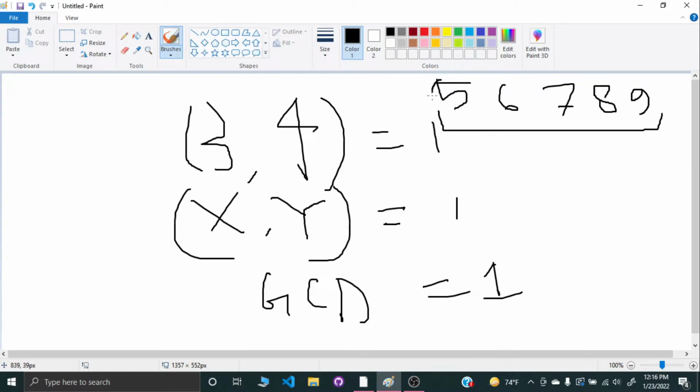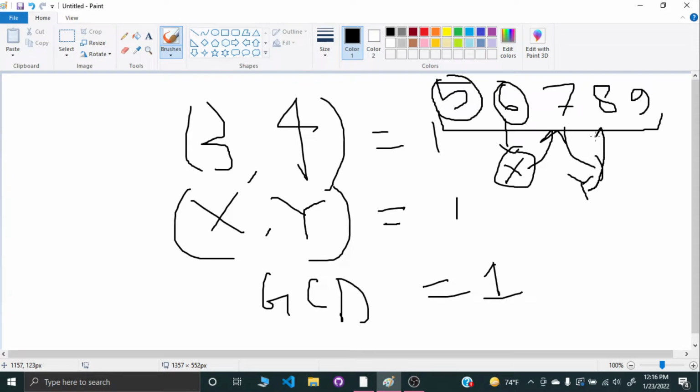You take the GCD of 5 with 6, and then the value of that GCD, let's say x, you take the GCD of x with 7, let's say it comes y, you take the GCD of y and 8, and so forth until you get the last GCD, and that would be the GCD of the whole array, and you'll see that it will always be 1.